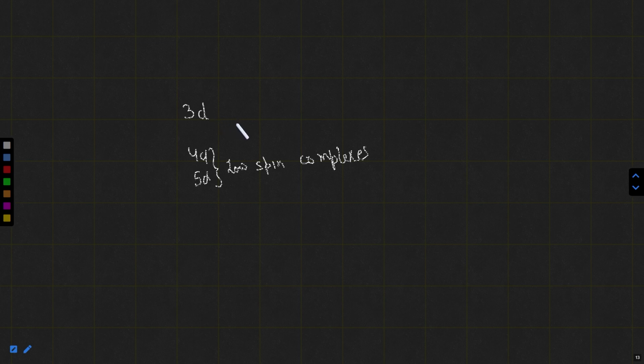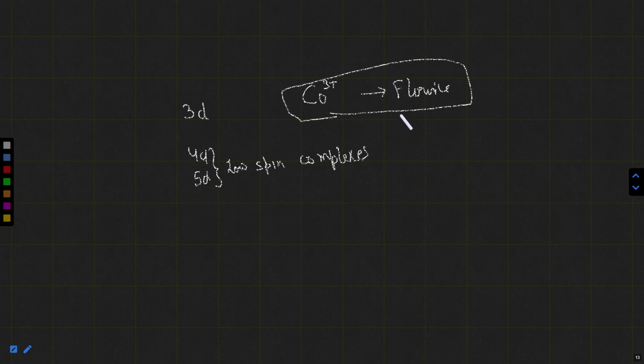But there is again an exception for Co3+. For Co3+, only fluorine will form high spin. If the ligand is fluorine, only and only fluorine, then it will form high spin.